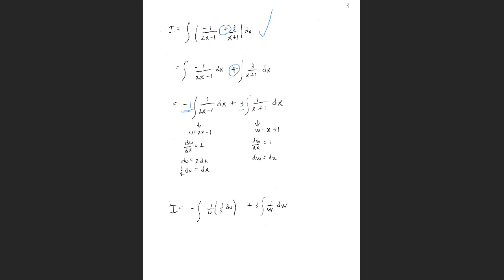And these are little simple integrals. Substitution will do fine on those. So the first integral, I'll let u equal 2x minus 1. And then the second integral, I'll let w equal x plus 1.